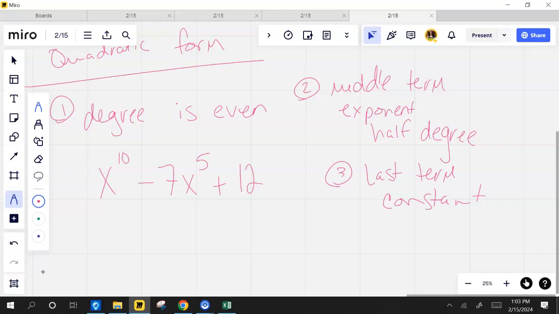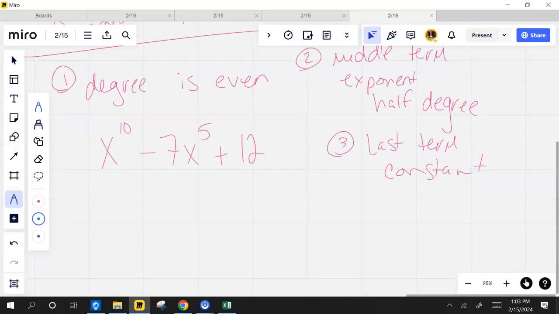So watch how this works. It's really neat. 12x to the 10th. Give me two things that multiply to 12x to the 10th but add to negative 7x to the 5th. There you go. Negative 3x to the 5th and negative 4x to the 5th.